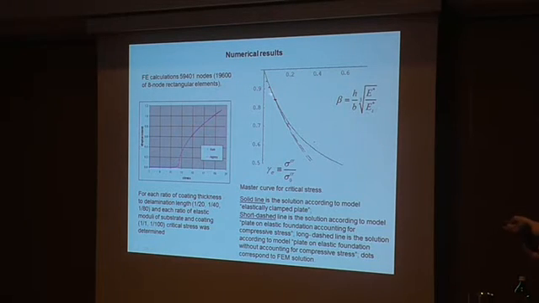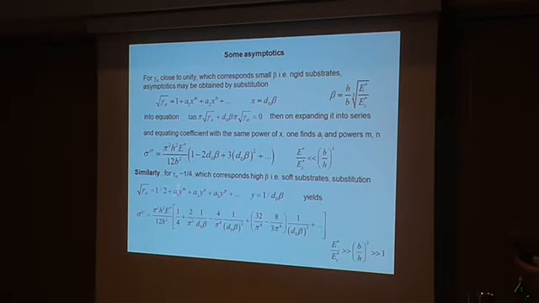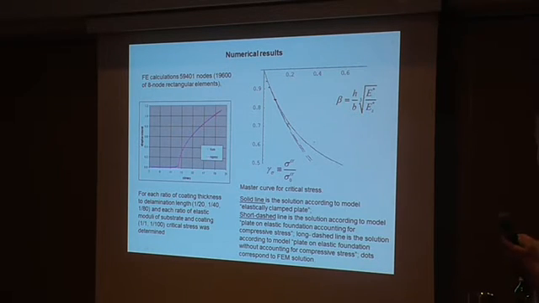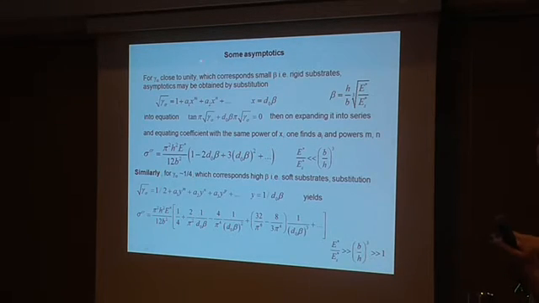It's supported by numerical results, so there is a single master curve for such a problem. And even here, for some asymptotics, for not long and rather rigid substrate, it can just be expressed as a series, so it's just an elementary solution.